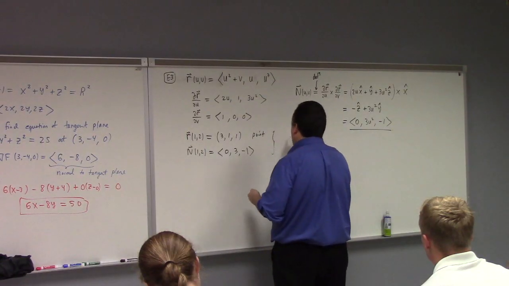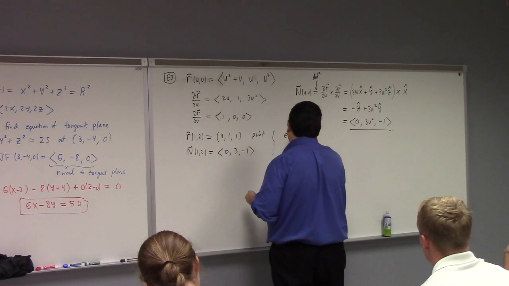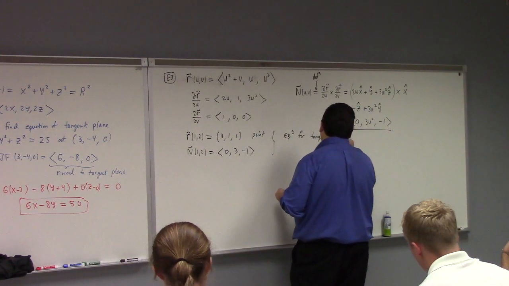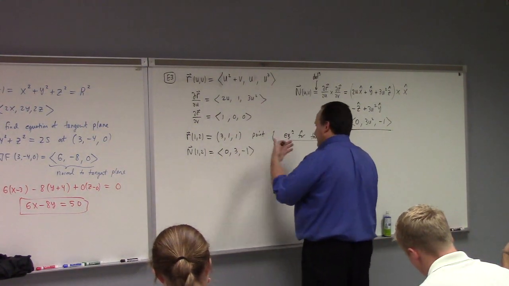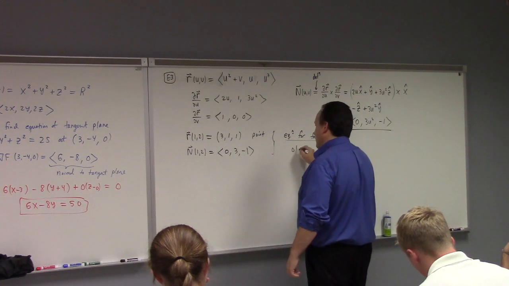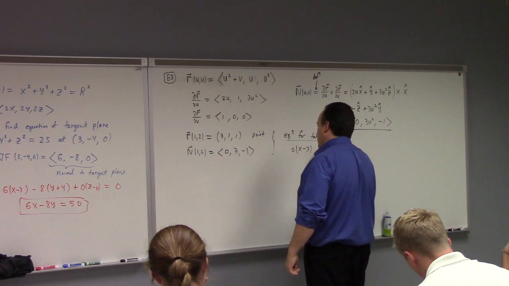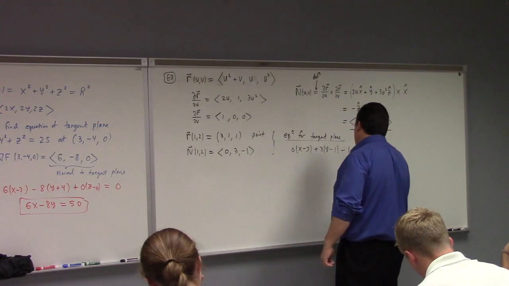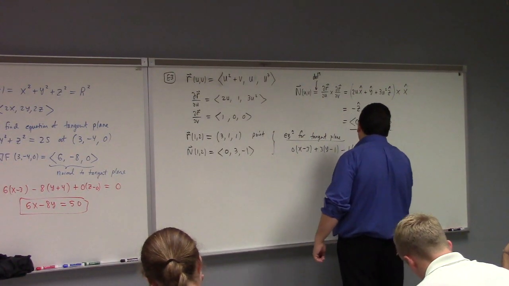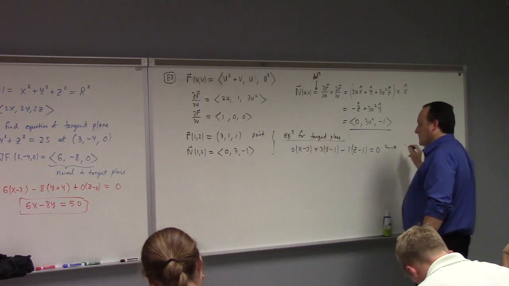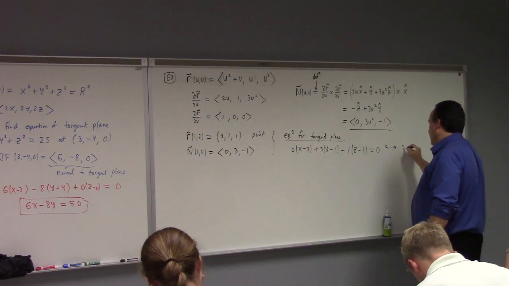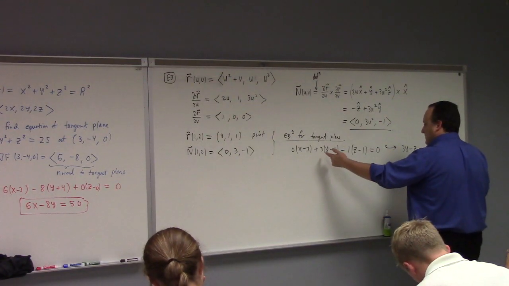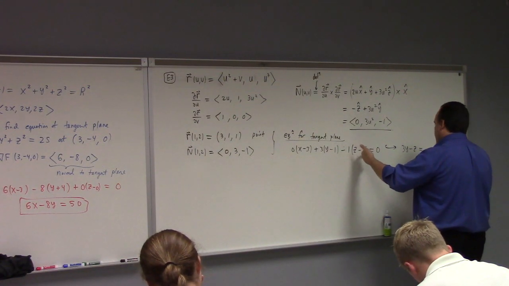My equation for the tangent plane is what? Zero times (x minus 1) plus 3 times (y minus 3) minus 1 times (z minus 1) equals 0, or if you like, 3y minus z equals, what we got? 2.